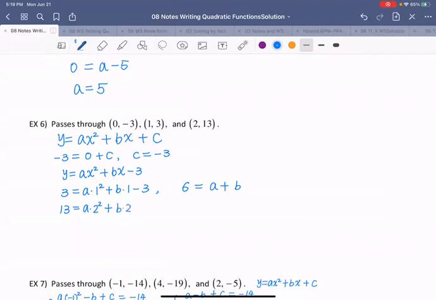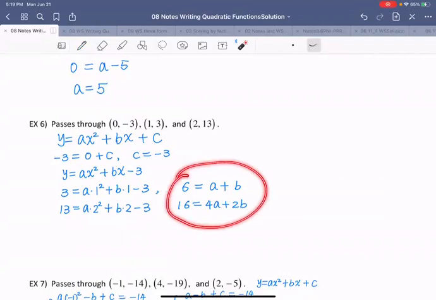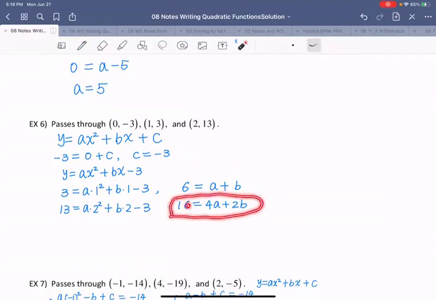Yes, very good. Now we can add 3 to the other side. That becomes 16 equals 4a plus 2b, correct? Now can we solve this? Okay, that's correct. We will divide it by 2. Let's divide this guy by 2. How much?